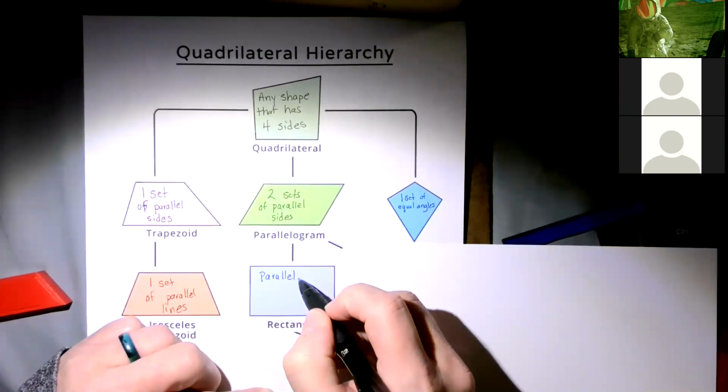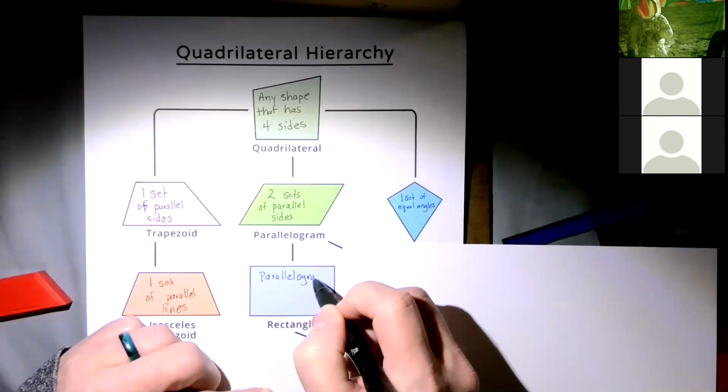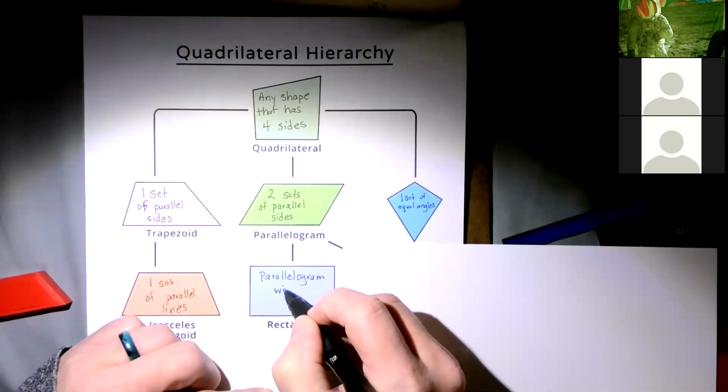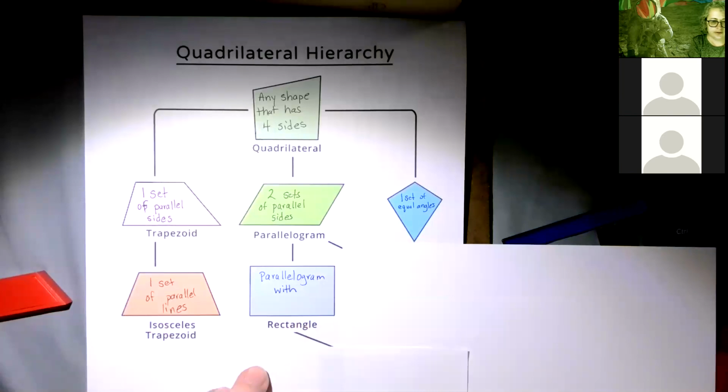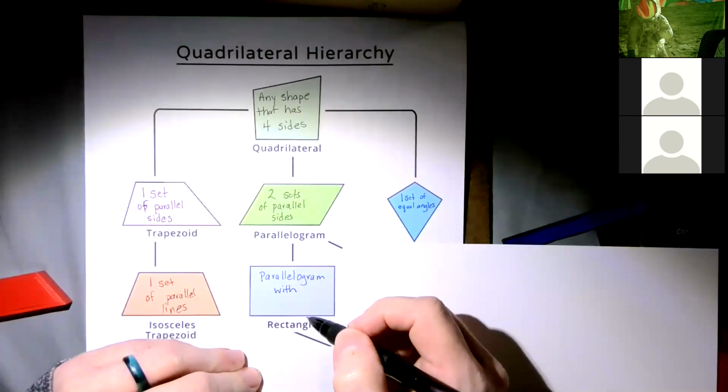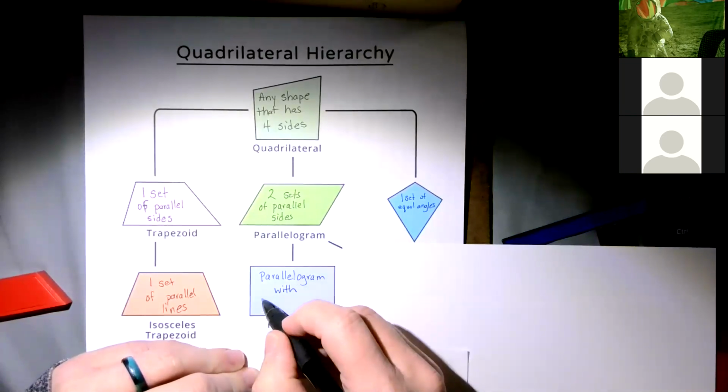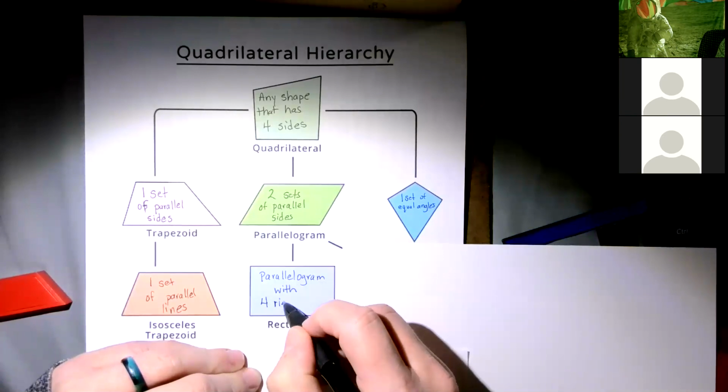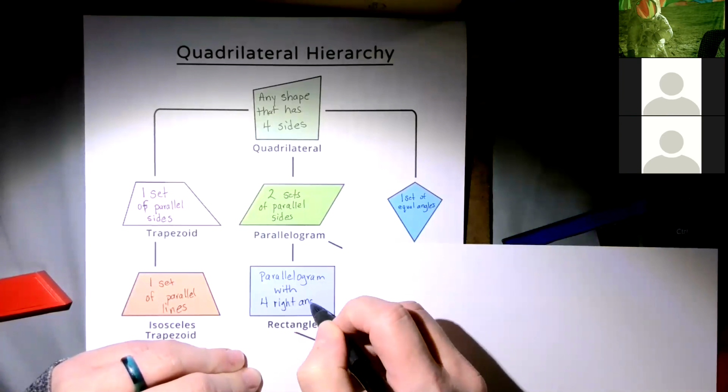I'm going to put it in here that it's a parallelogram. Think of the angles now. When you get to a rectangle, you start telling what kind of angles it has. The rectangle has right angles and the parallelogram has acute angles. So this one has 4 right angles.